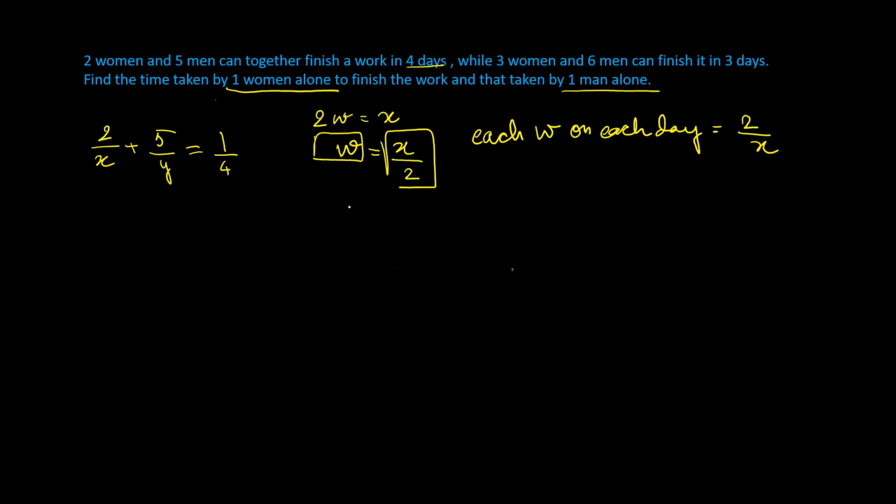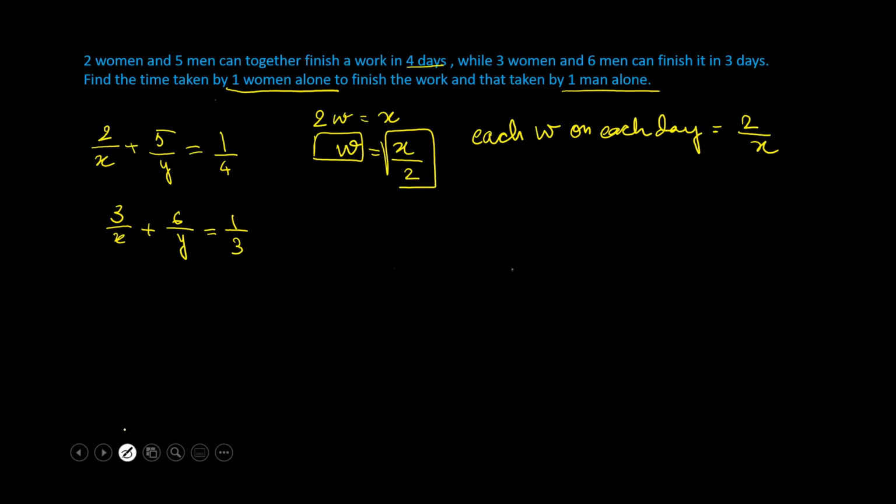Because when 4 days is divided into 4 parts, each part is 1 day, so 1 by 4th of the work each day, because we are considering the other two in that term. That's why we consider the days also in that term. Similarly, the other one is going to be 3 by x plus 6 by y equals 1 by 3.